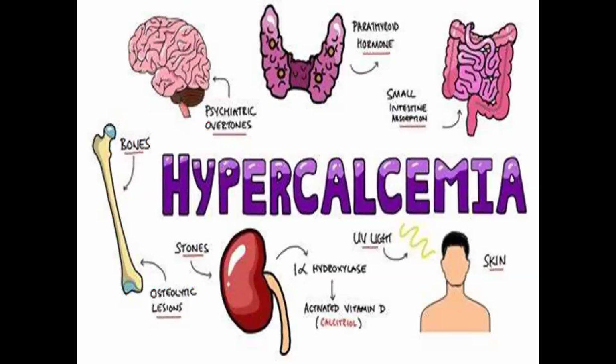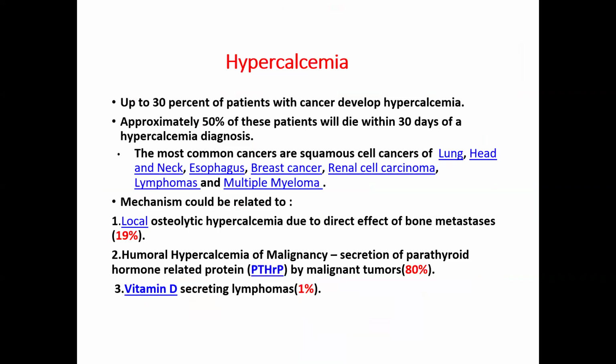So we'll start with hypercalcemia, which is a very common problem we see in the palliative setting. Hypercalcemia, guys, affects 30% of patients with cancer. Approximately 50% of these patients will die within 30 days of hypercalcemia diagnosis.